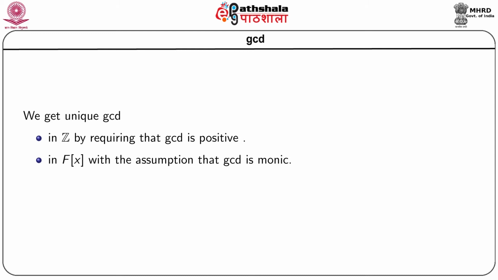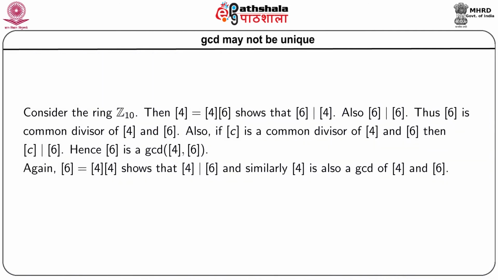So, how can we impose uniqueness of a GCD of A and B? In fact, here we show that on an arbitrary commutative ring with 1, it may be that the GCD of 2 elements is not unique.